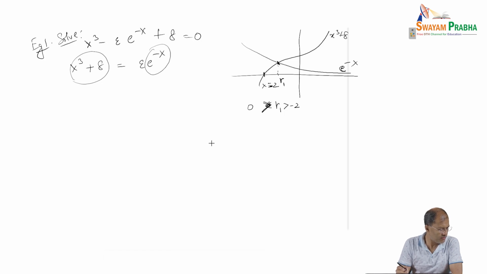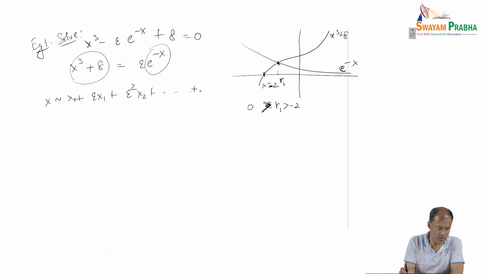So we could possibly try and solve this problem using the method of regular perturbation. So we see that if we have x is x0 plus epsilon x1 plus epsilon squared x2 and so on and so forth, then e to the power minus x is e to the power minus of x0 plus epsilon x1 plus epsilon squared x2 and so on.